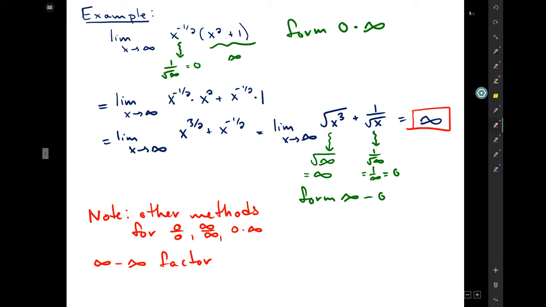So in later videos, I'll be discussing more methods for these other indeterminate forms, but when you're dealing with infinity minus infinity, your first course of action is to factor. So please bear in mind when you're dealing with indeterminate limits, they are very, very tricky. But I hope that this video helps clear up a few of these particular indeterminate types.